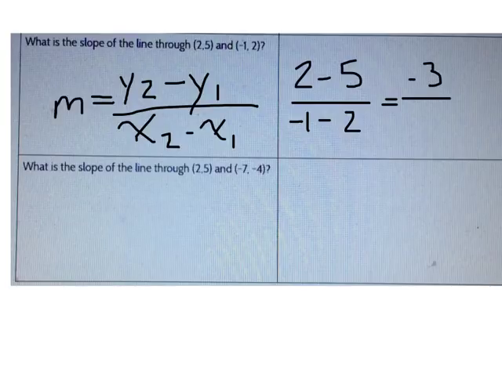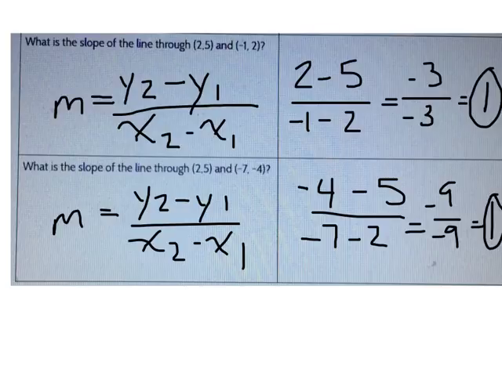It's -3. What's -1 minus 2? It's also -3. So what's the slope of the line? It's 1. Any number divided by itself is 1. Now you try one. What is the slope of the line through 2, 5 and -7, -4? The slope of the line is 1.